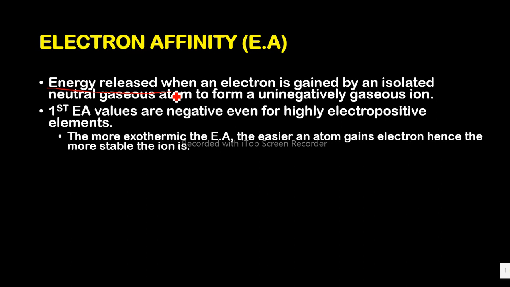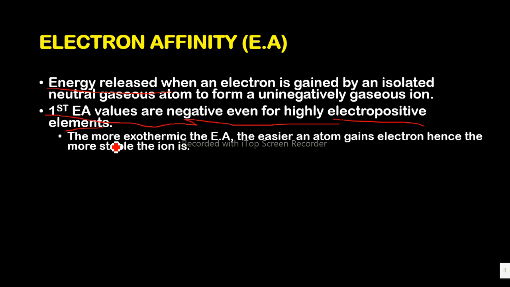But for the second, third, fourth, fifth, sixth, seventh, the values will be positive. Should I repeat? The first electron affinities are negative, even for the highly electropositive elements.